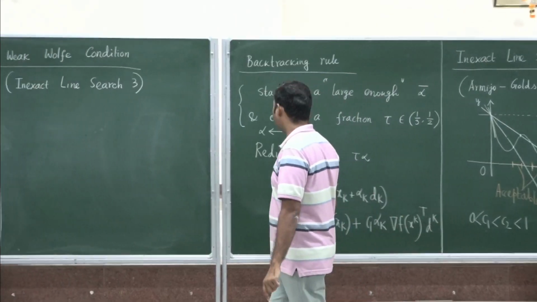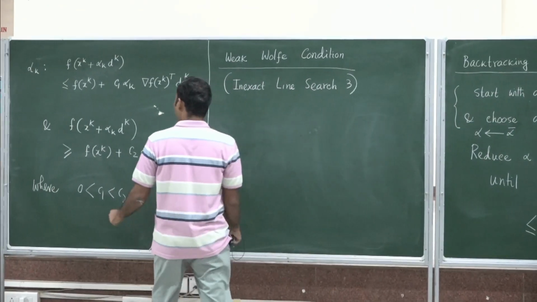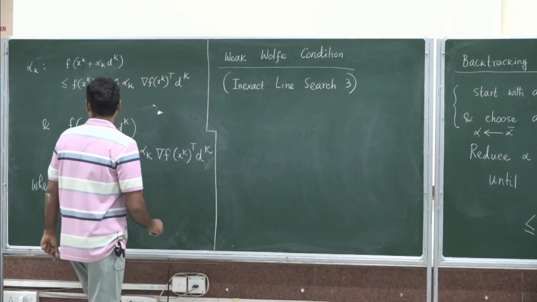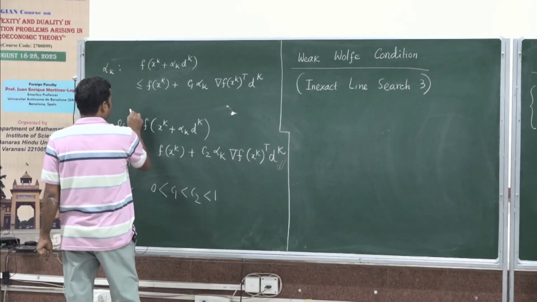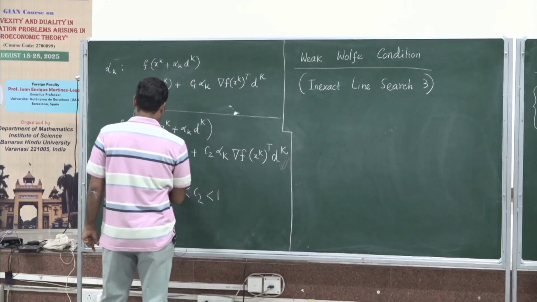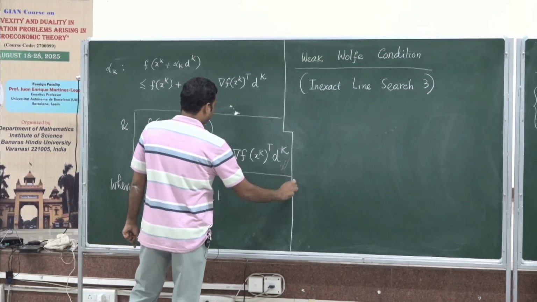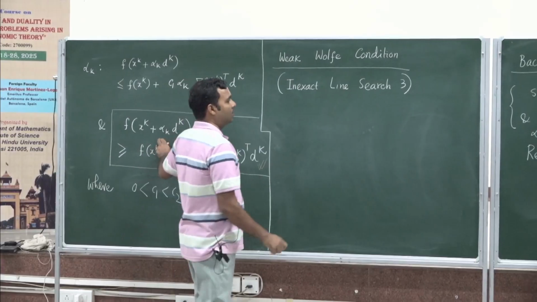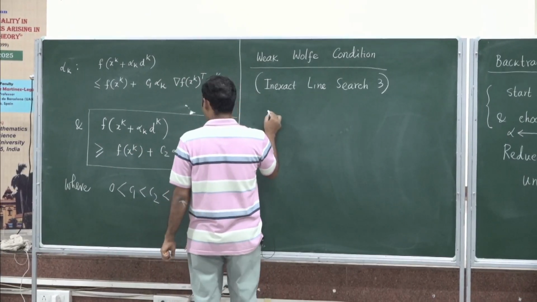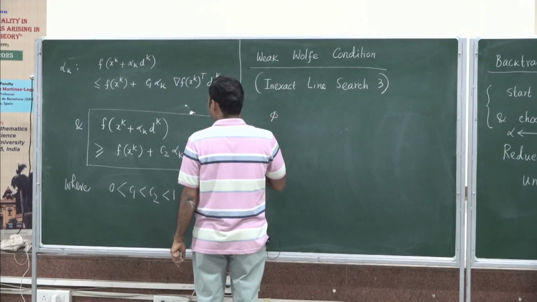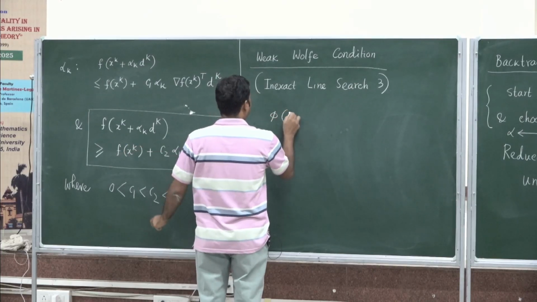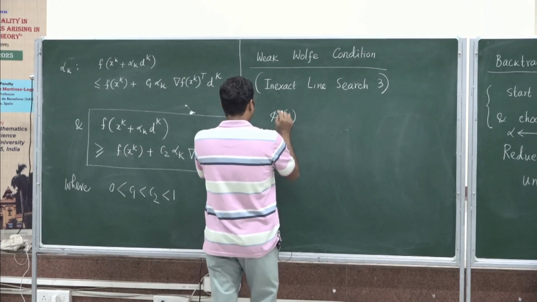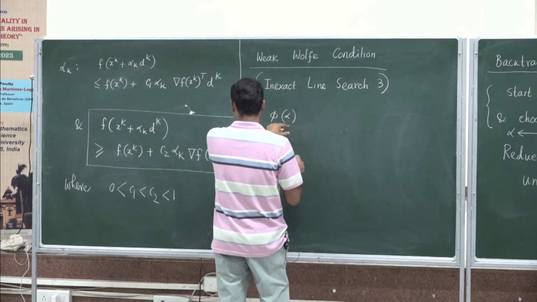Anyway, if I write in terms of alpha, then we shall see from the Goldstein rule that this one in terms of phi alpha is this condition: phi of alpha, alpha k obviously here, but I am not writing with the subscript k here.